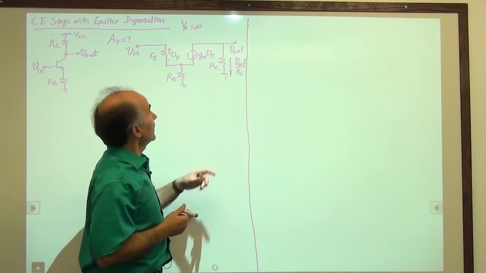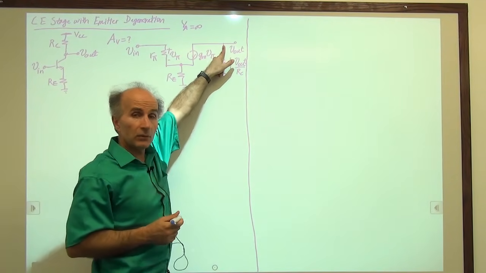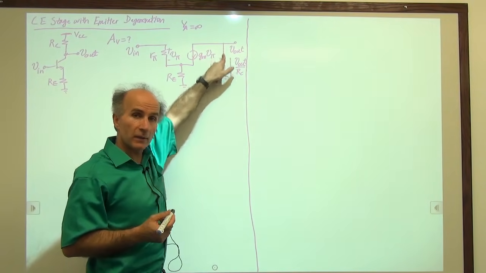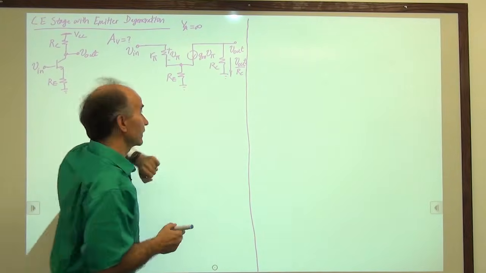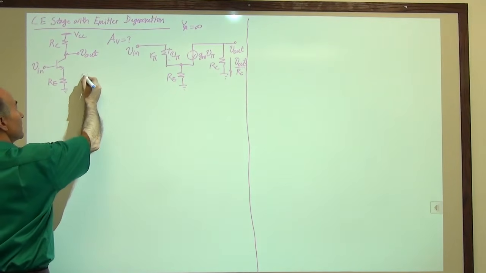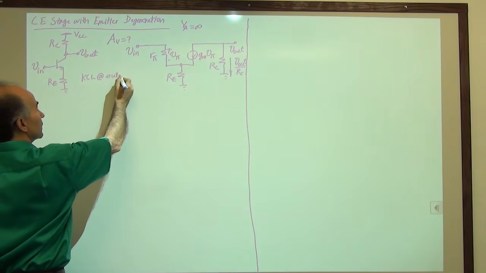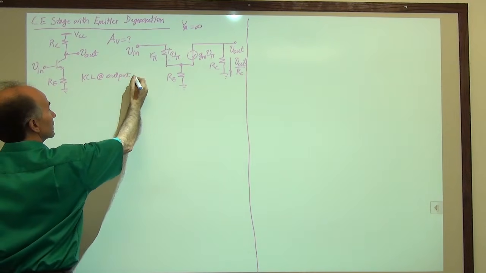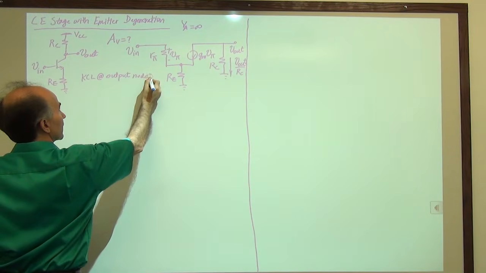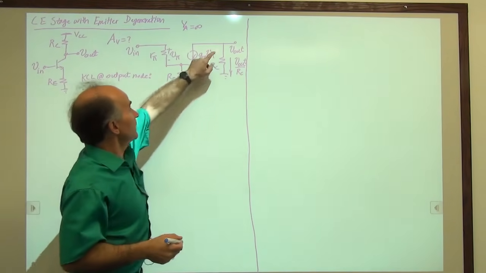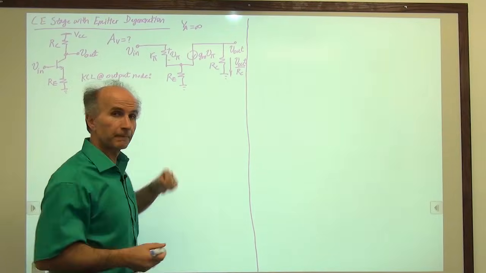Well, can I write the KCL at this node? I have only two currents, this current and that current. So let's write a KCL here. KCL at output node will give us this current plus this current must be 0.